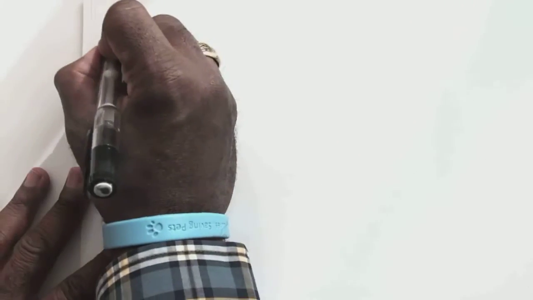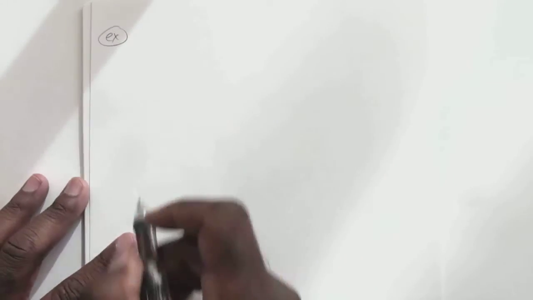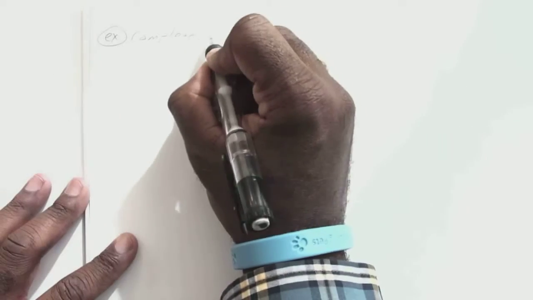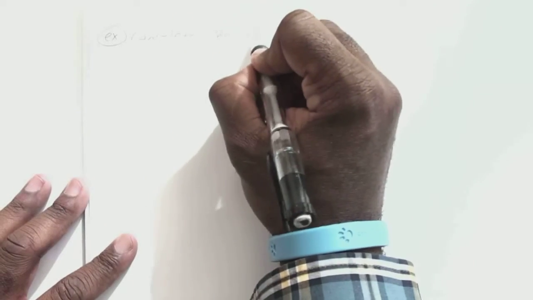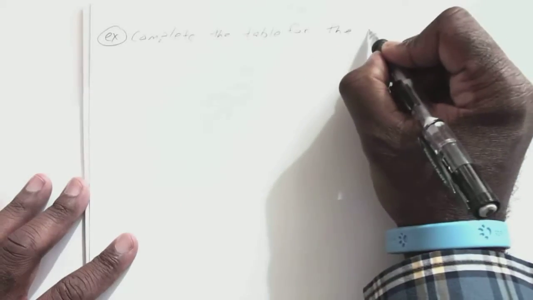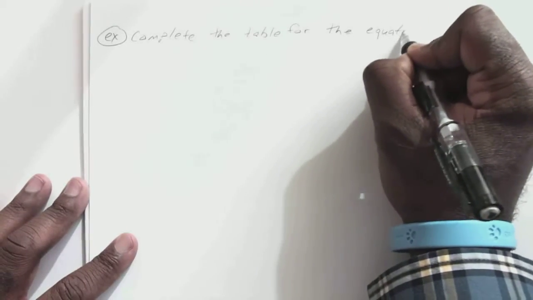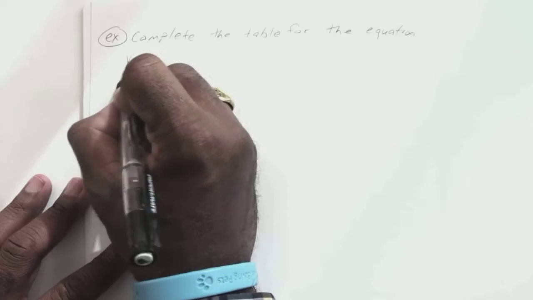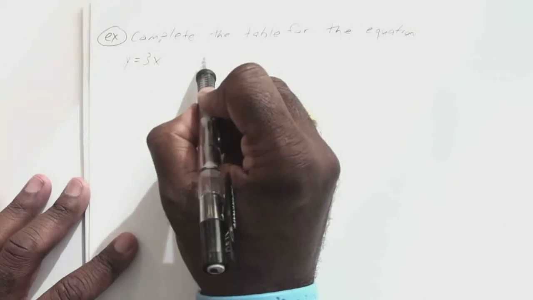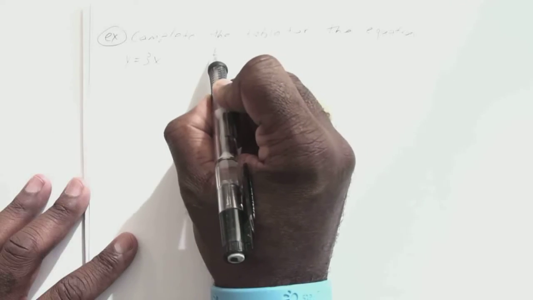So let's say we wanted to complete the table for the equation y equals 3x. Okay, and our table looks like this.